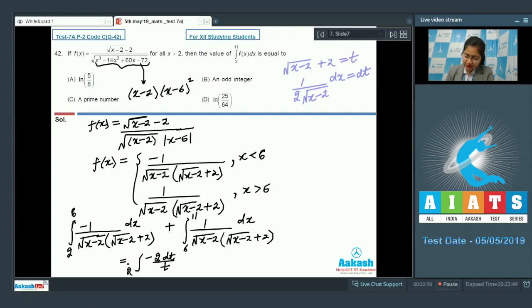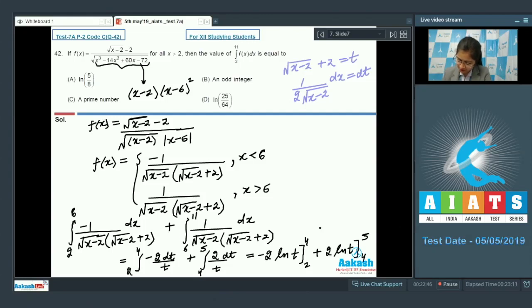When x is 6, the value will be 4. Similarly here we will get the integral of 2 upon t dt from 4. When x is 11, then the value is 5. So this is equal to minus 2 into ln of t from 2 to 4 plus 2 times ln of t from 4 to 5.